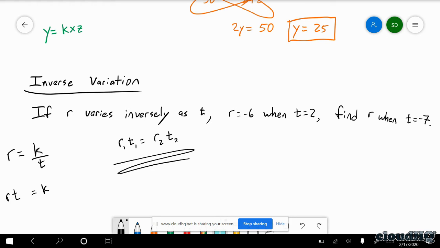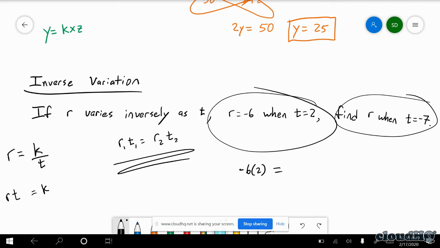I don't think everybody has the same one, but what would we get? What would we do with this first set, the -6 and the 2? Multiply, okay. So -6 times 2, and then we multiply together the other two, R times -7.